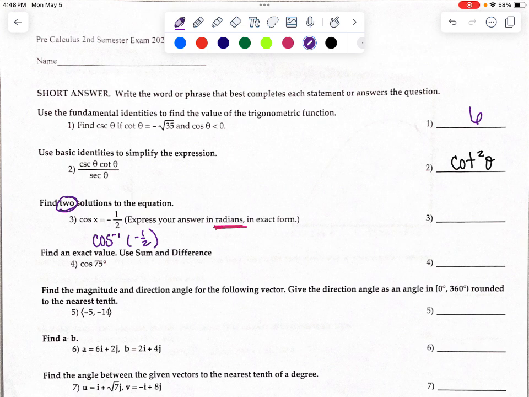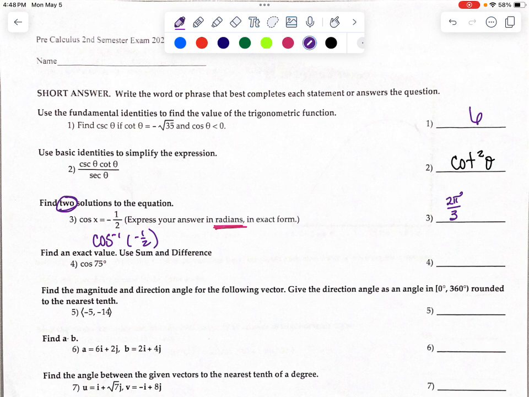And what that will do is give me one of my answers, which happens to be 2 pi over 3. It does give me also a decimal, which you can convert. So I know that 2 pi over 3 is one of my 2 answers. I just need the second one.